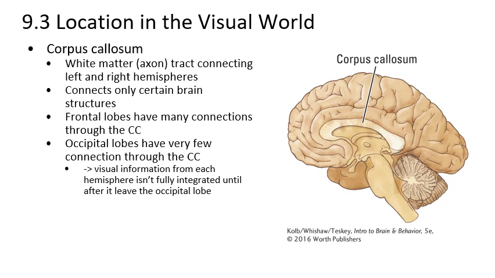The frontal lobes have a lot of connections through the corpus callosum, and the left and right frontal lobes are communicating back and forth quite fluently, but the occipital lobe has very few connections to the right and the left. This means that visual information from each hemisphere really isn't integrated between the hemispheres until after it leaves the occipital lobe.